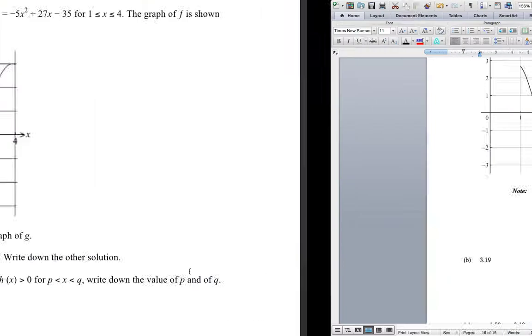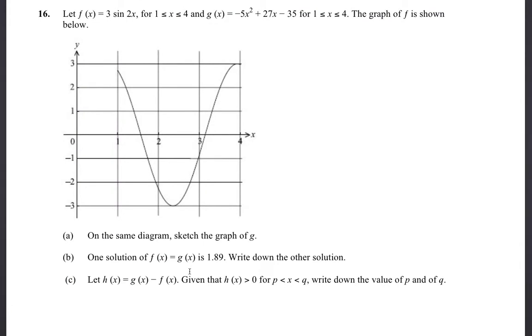That is also fine. And the last part is, let h of x equal to g of x minus f of x. Given that h of x is greater than 0 between p and q, write down the value of p and q. Okay.